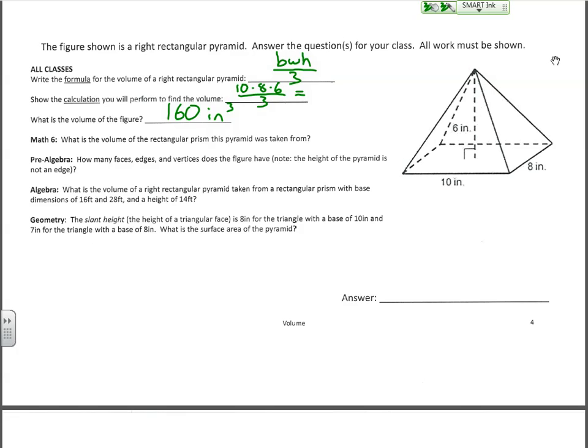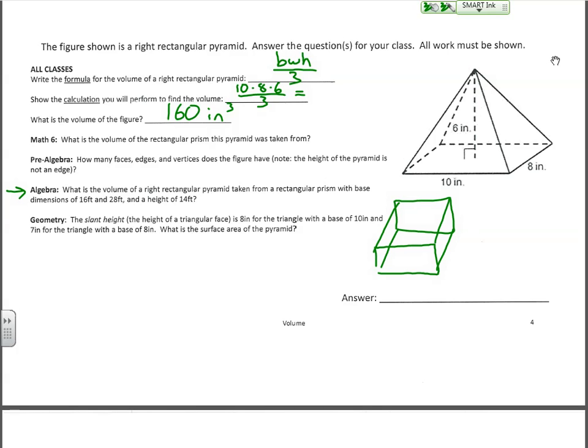For algebra, your question here says, what is the volume of a right rectangular pyramid taken from a rectangular prism with base dimensions of 16 and 28 feet and a height of 14 feet? So what I'm looking for here is giving you the dimensions of the rectangular prism. Does that work?